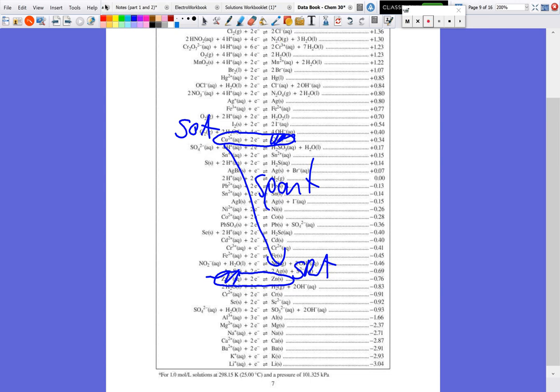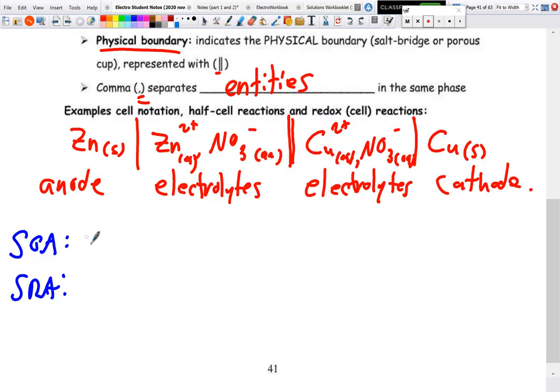So now that we know that, my strongest oxidizing agent, we got Cu2 plus. We have that one, my strongest reducing agent.